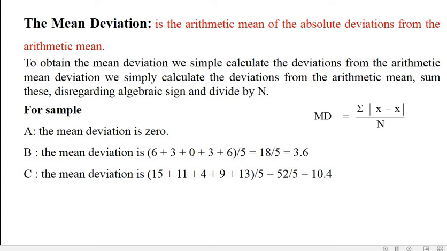So we can use the mean deviation for measuring the variation in data, the dispersion around the mean. As we have a high mean deviation, that means the data is more variable.